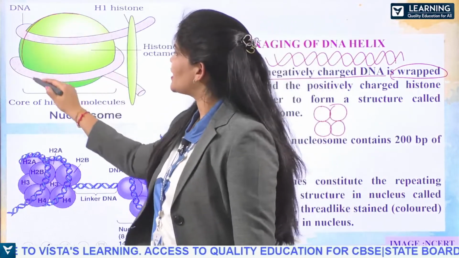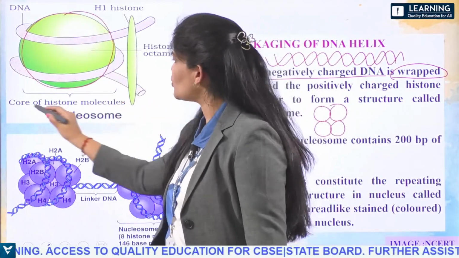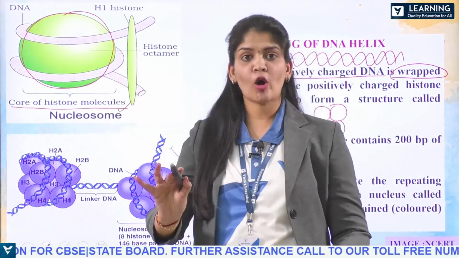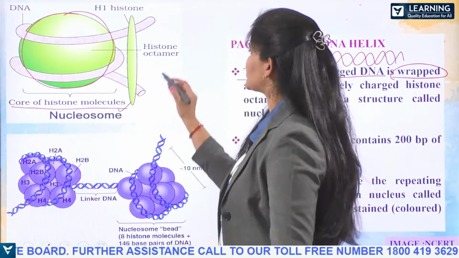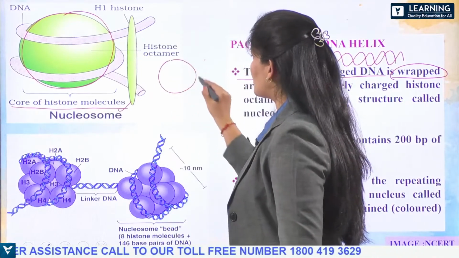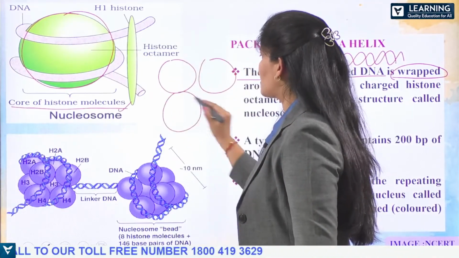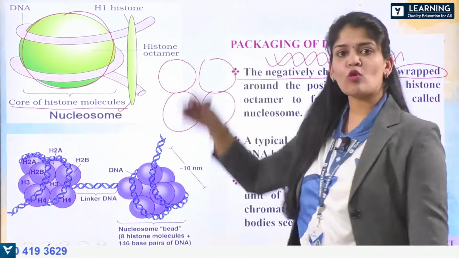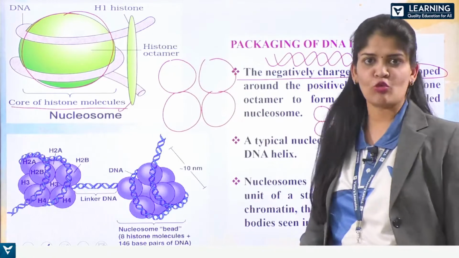Here is a spherical structure which denotes the core of the histone molecule. This is not a single molecule. It is a combination of 8 molecules. I'll explain. 4 on this side. On the other side also we have 4 histone proteins.